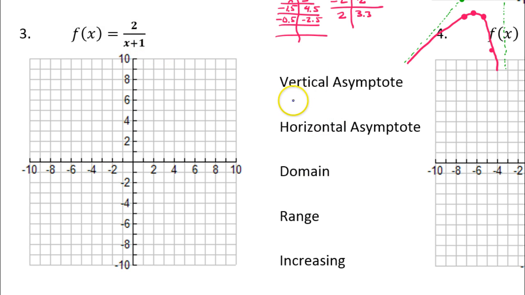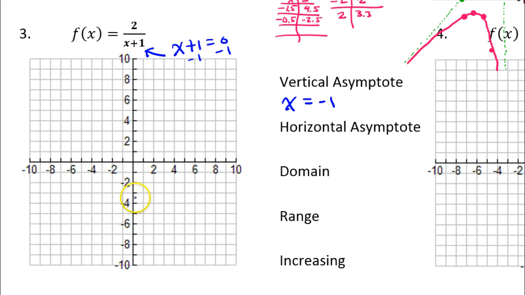So, let's talk about the vertical asymptote. The vertical asymptote is going to come from the denominator, setting the denominator equal to 0 and solving. So if I set x plus 1 equal to 0 and solve, I'm going to subtract 1 from both sides, and I'm going to get x equals negative 1. So that's my vertical asymptote, x equals negative 1.